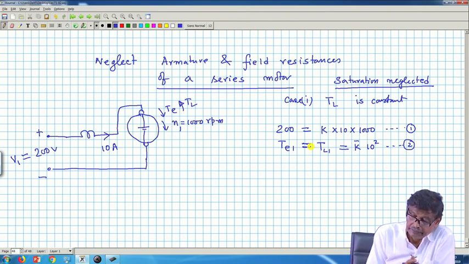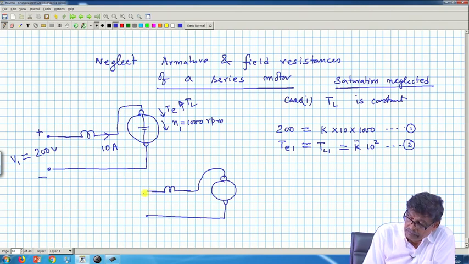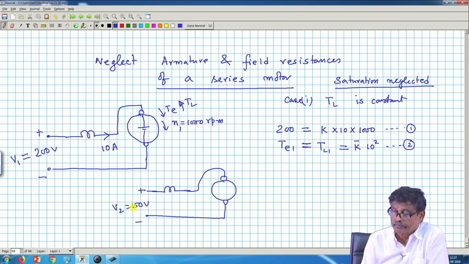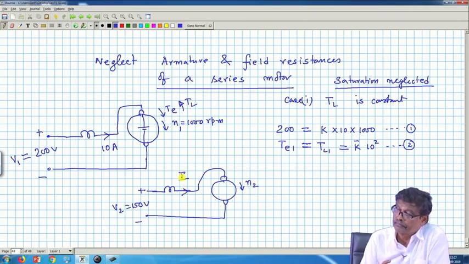Suppose I say now what I have done is this. Supply voltage has been changed to 150 volt. I want to know what is the speed and what is the current drawn by the machine. Case 1, load torque is constant.